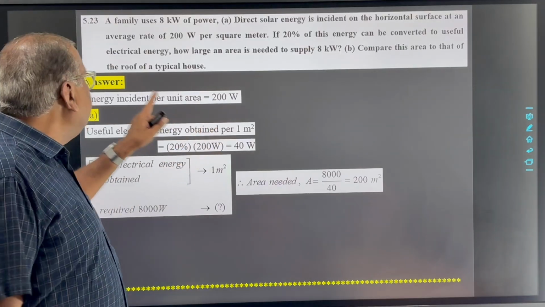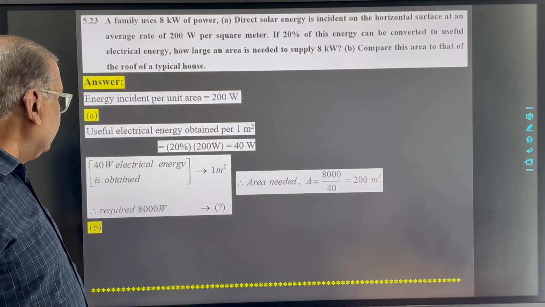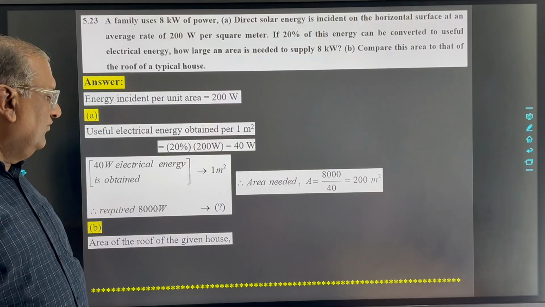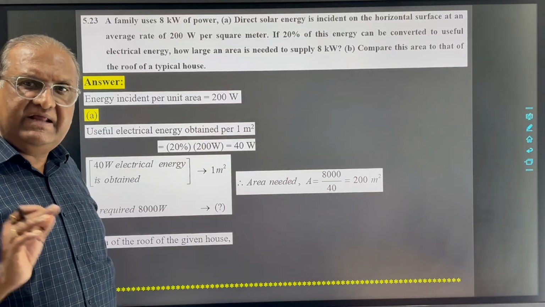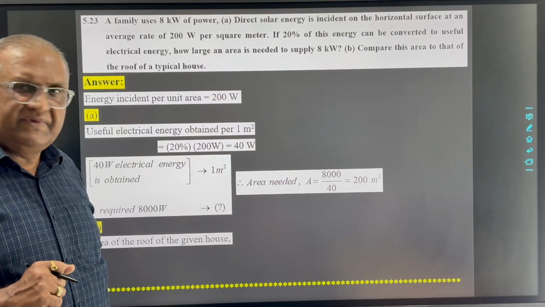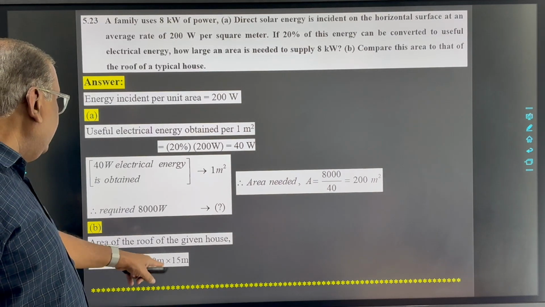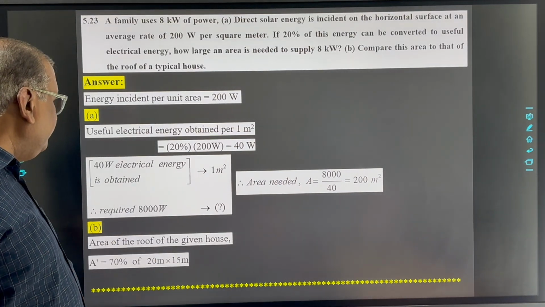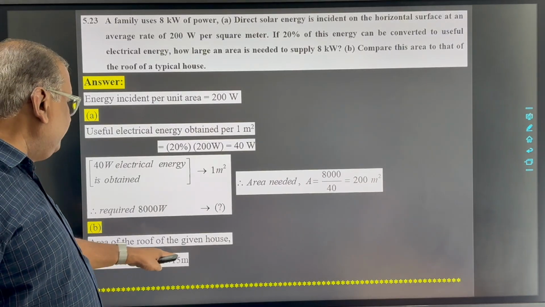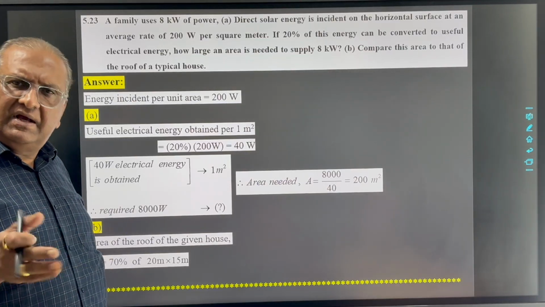Now compare this area to that of the roof of a typical house. Now see here, we can use the roof of the given house only 70% for the installation of solar panels, right? So 70% of 20 meter into 15 meter, that we consider 20 meter long and 15 meter width of the roof of a typical house.